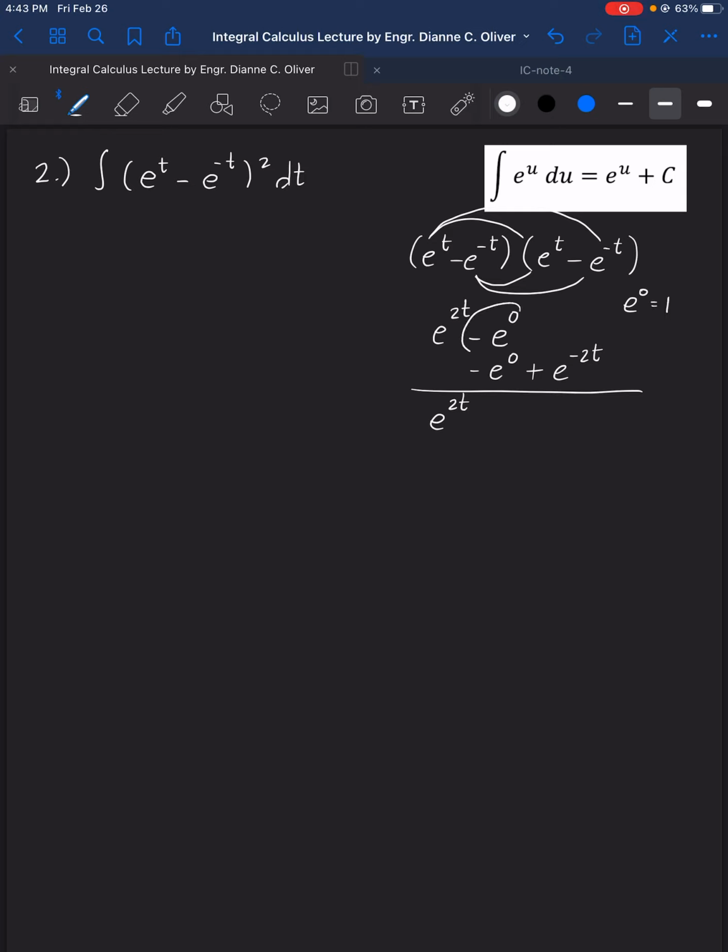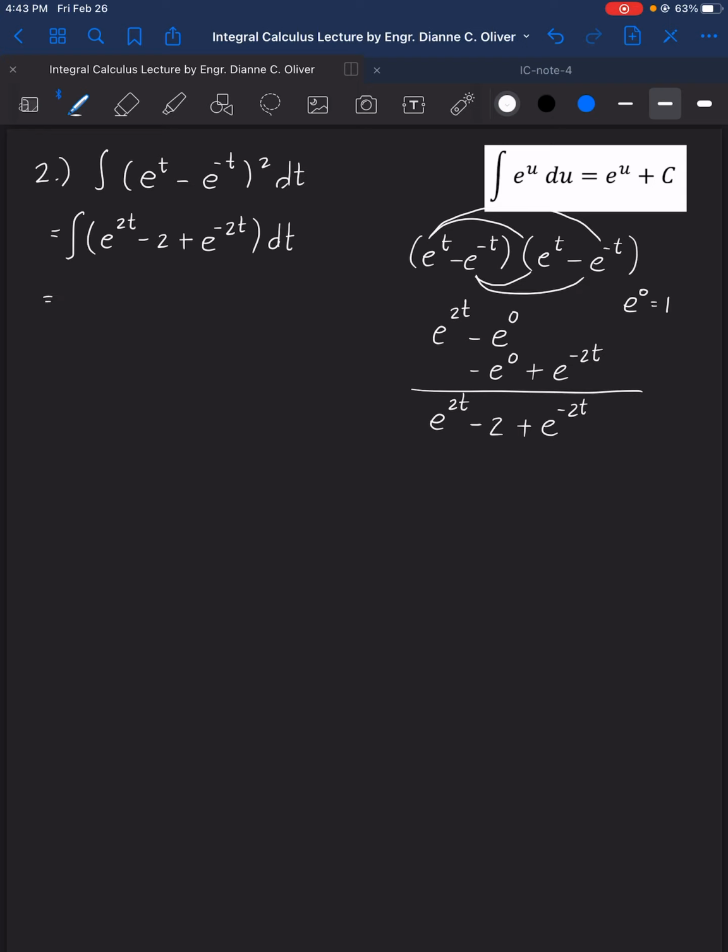So this is negative 1 minus 1, so that becomes negative 2. So let's use the expanded form: we have the integral of e raised to 2t minus 2 plus e raised to negative 2t dt.